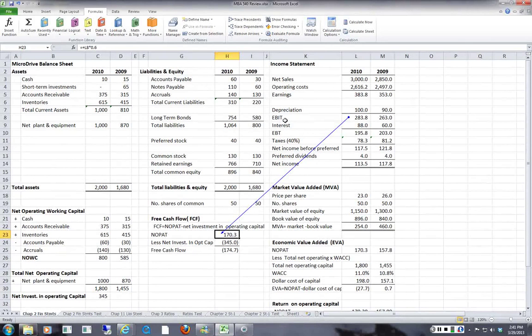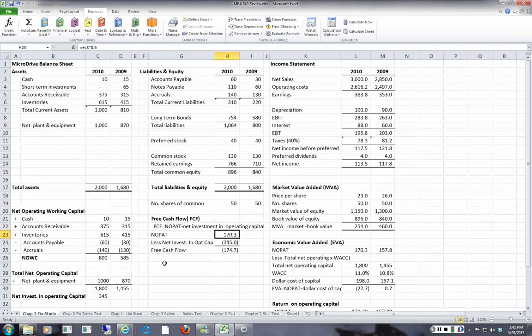Taxes is 40%, so we take the reciprocal of that and multiply by 0.6, which comes down here to 170.3. That's net operating profit after taxes, NOPAT.